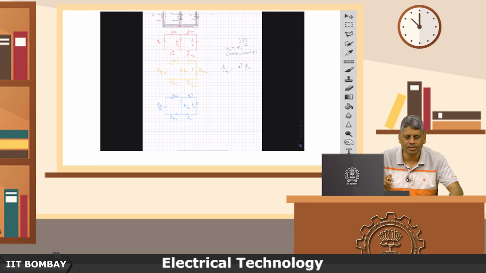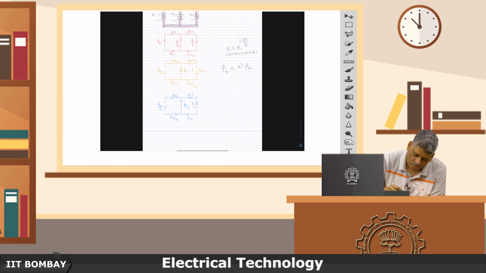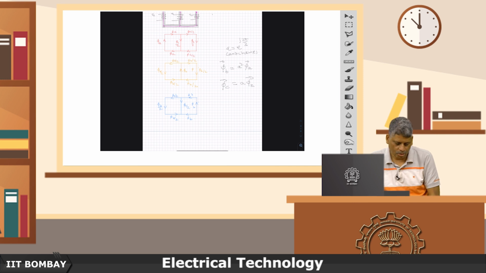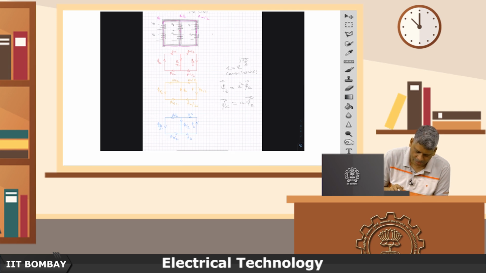So, a square is a 240 degree lead or 120 degree lag. So, phi b, therefore, because the phi b phasor has to lag the phi a phasor by 120 degrees, I am writing it as a square phi a, and phi c can be written as a times phi a. So, now let us look at the first limb.